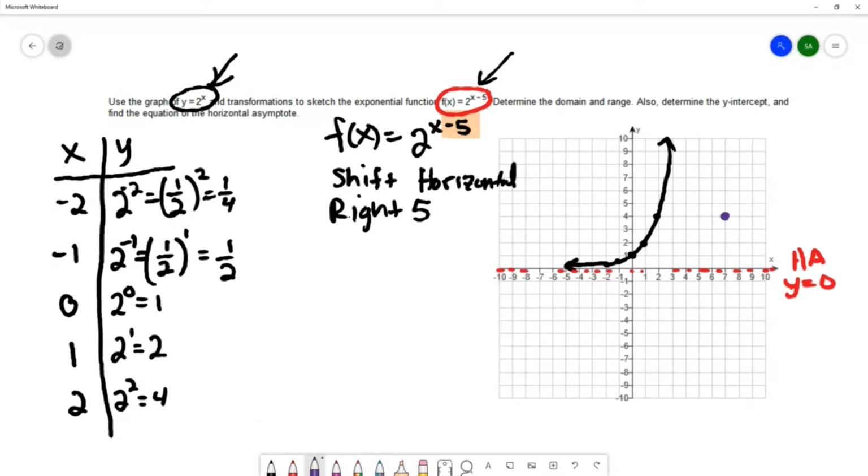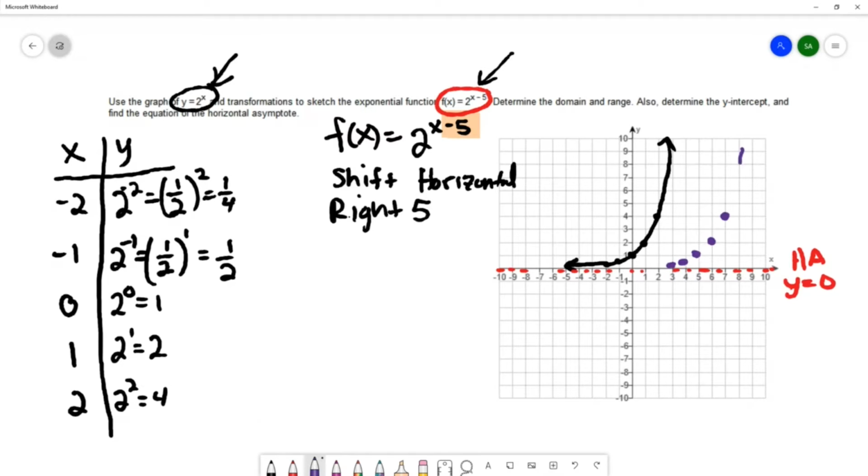We have this point 1, 2, which will move to the right 5, and it'll be at 6, 2. 0, 1 will move to 5, 1. Negative 1, 1/2 will move to 4, 1/2, and this point, negative 2, 1/4 will move to positive 3, 1/4.